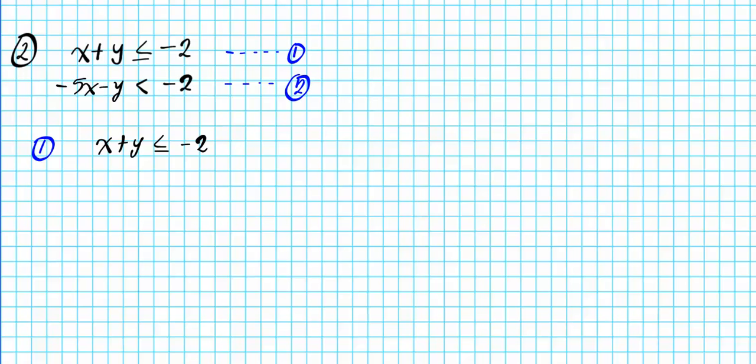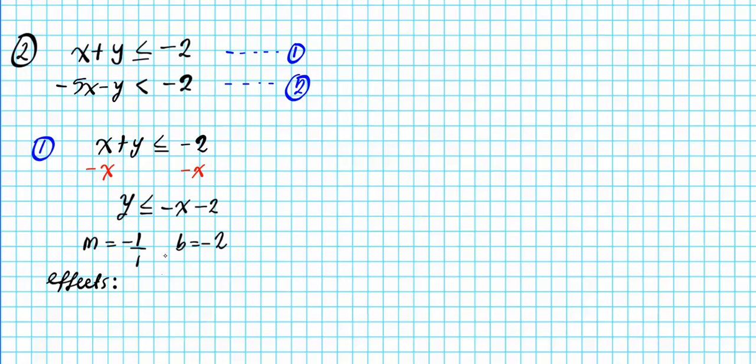So I need to get y isolated, subtract x from both sides, and that yields y is less than or equal to -x minus 2. In this case, the slope is -1/1, coefficient of x, and your y-intercept, where you start on the y-axis, is -2.